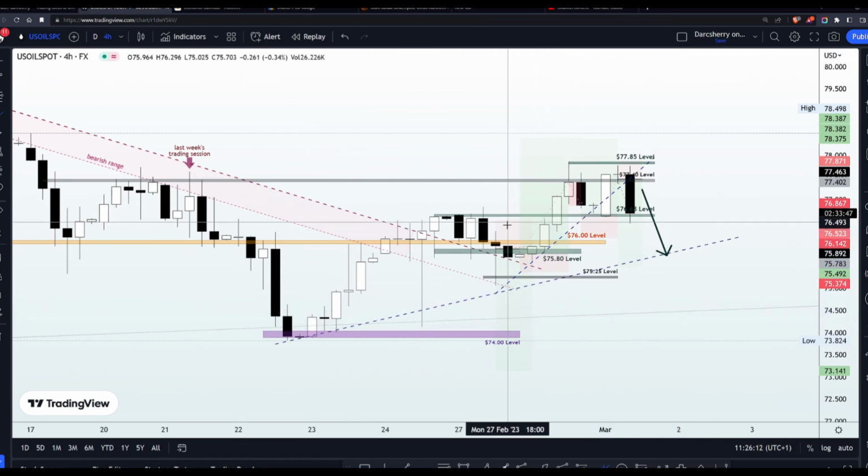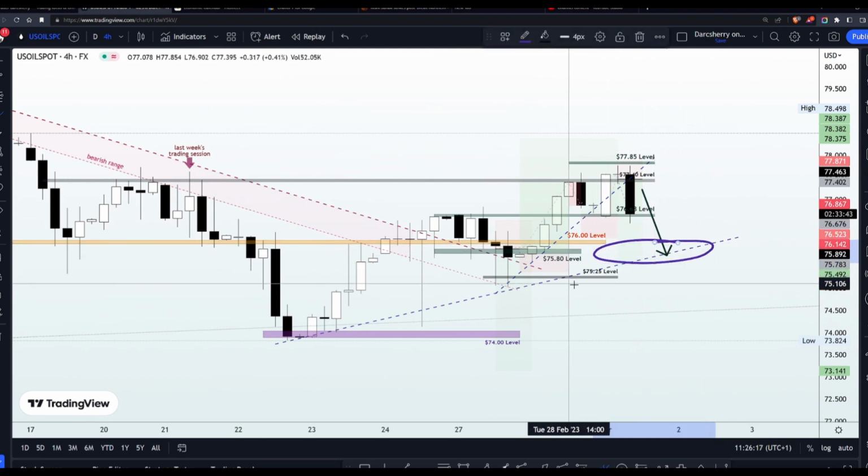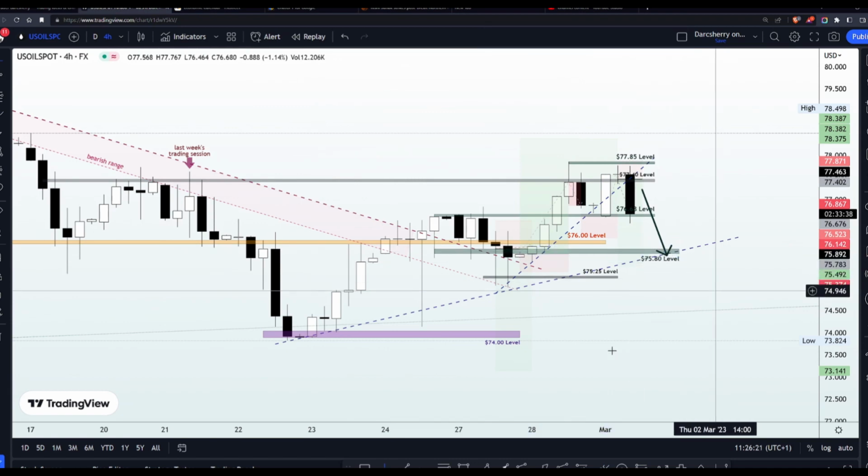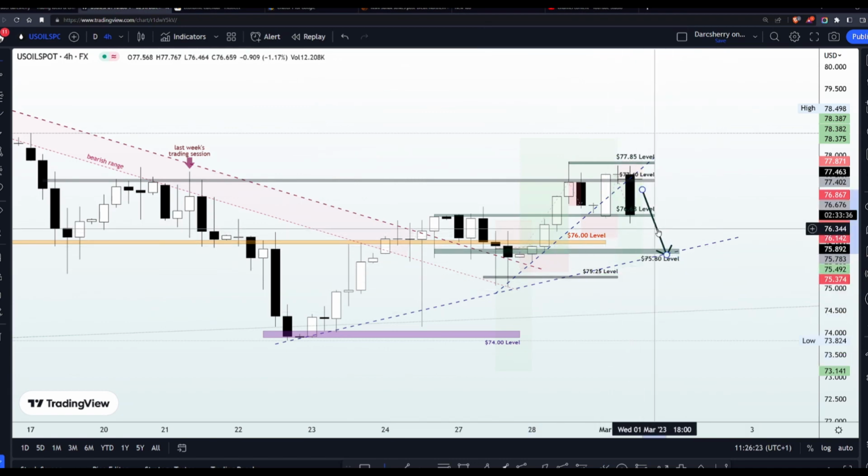And if you look at that structure here, it also shares a confluence with a support level for this week, which is sitting at the $75.80 area.